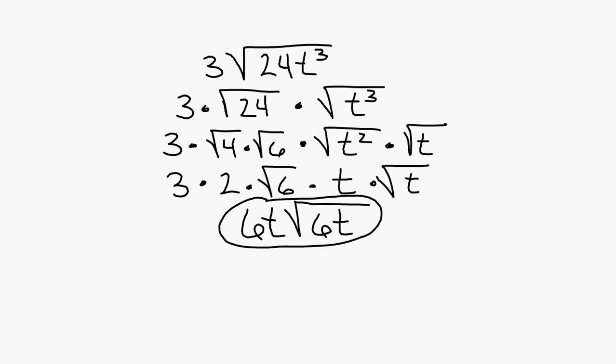Let's do negative square root of 192 t to the sixth. So you break it apart.